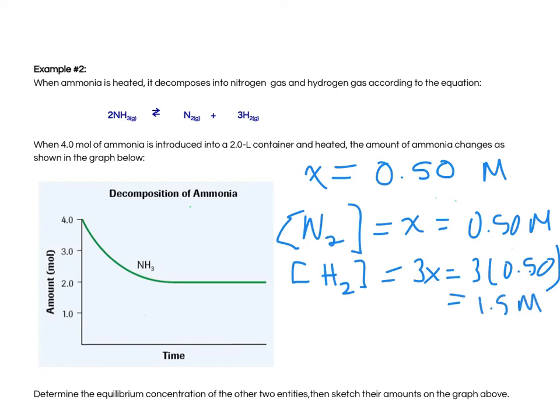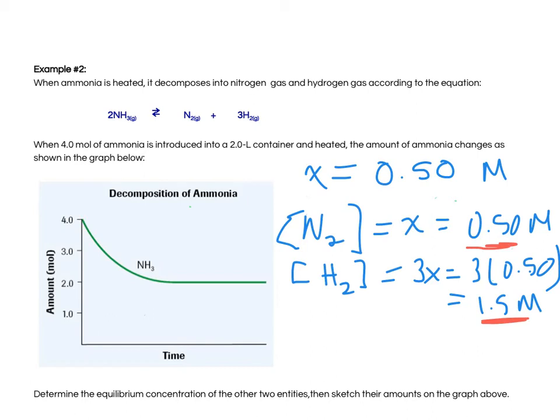Now, last but not least, what I need to do is graph the concentration of each species on the graph here that's provided. But I need to remember that the values that I have, this 0.50 and the 1.5, are moles per liter of N2 and H2.